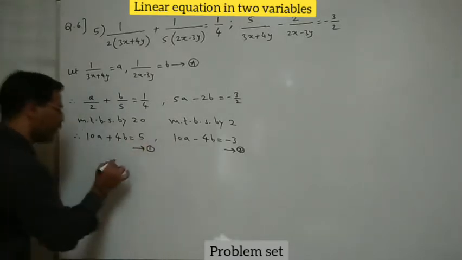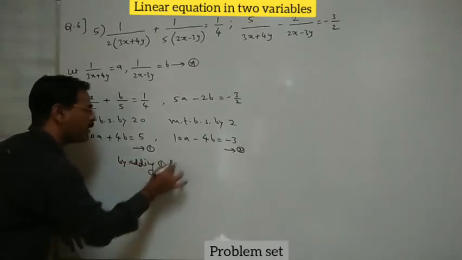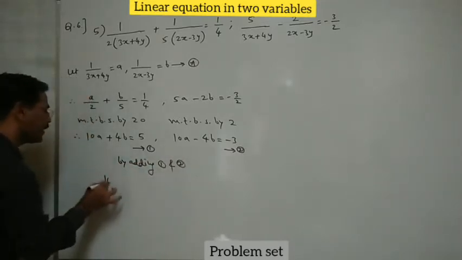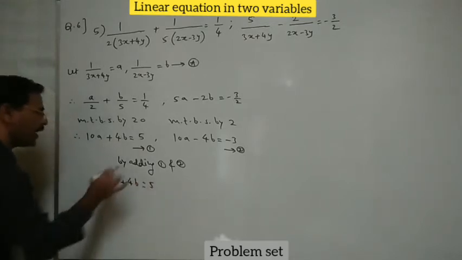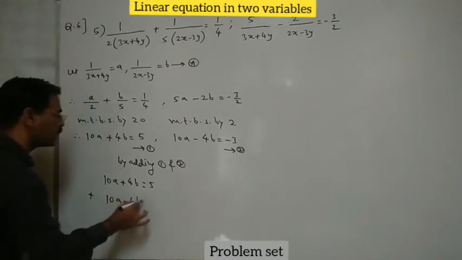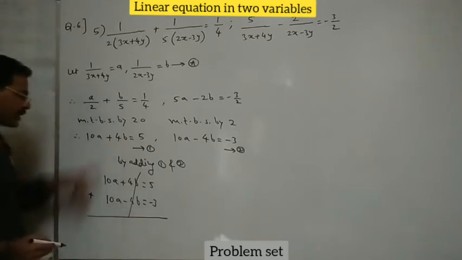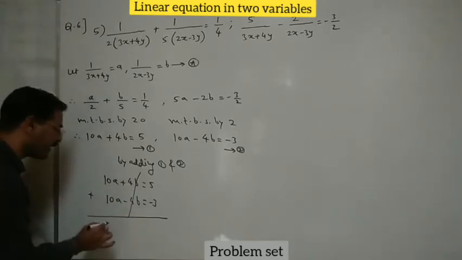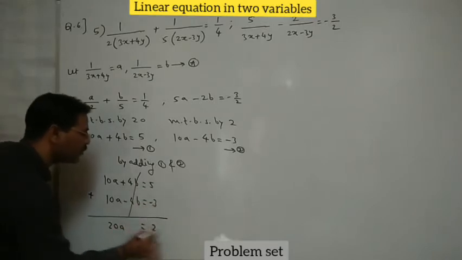I'll solve here by adding 1 and 2. What will we get here? 10a plus 4b is equal to 5. Here it is 10a minus 4b is equal to minus 3. This 4b is getting cancelled. What will you get here? 20a. This side 5 minus 3, 2.